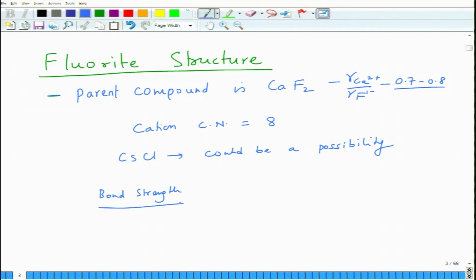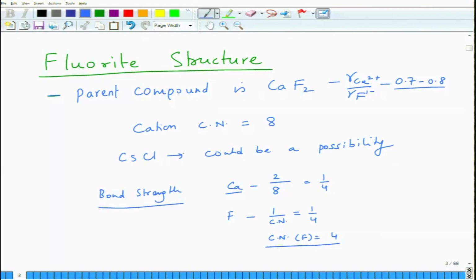The bond strengths of cations and anions should be equal, they should balance each other. For calcium, the valence is 2 and the coordination is 8, so this is 1 by 4. In case of fluorine, the valence is 1, so the coordination number of fluorine must be 4.